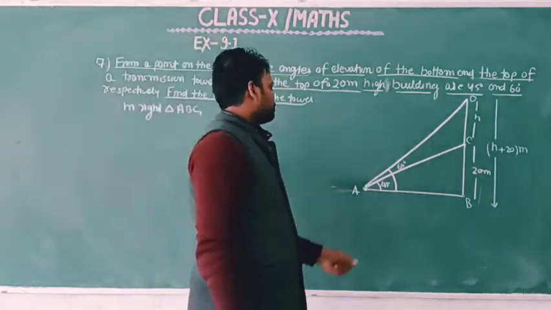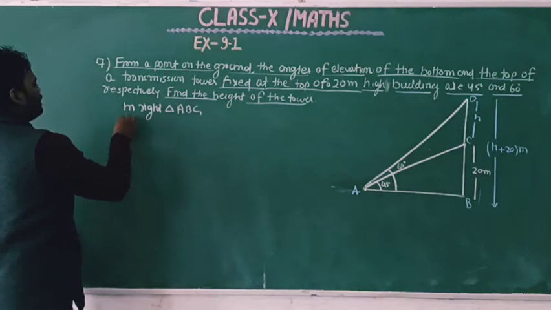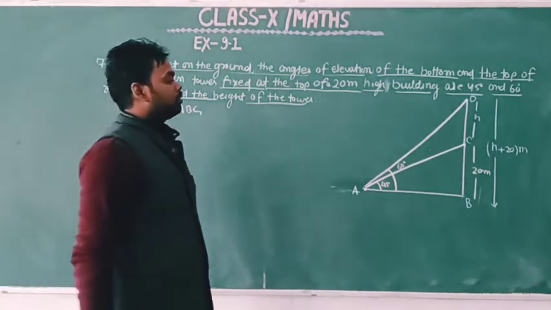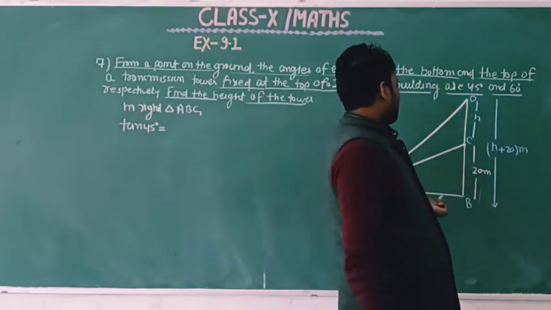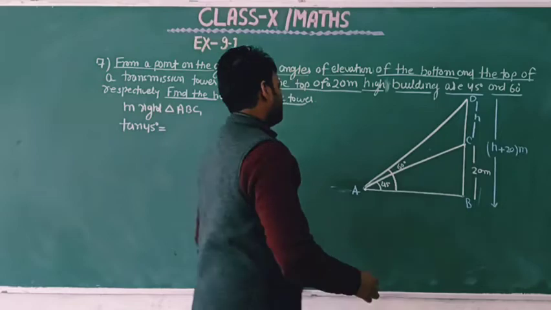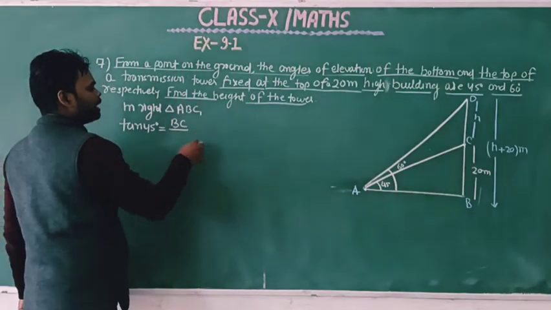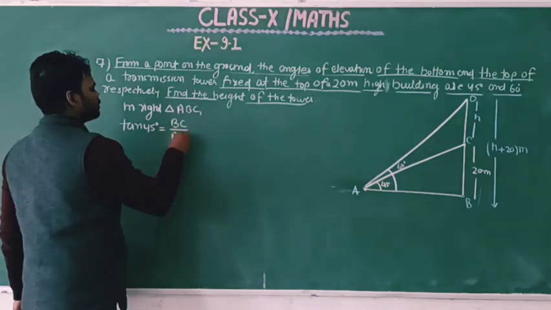Write tan 45 degree equal to perpendicular upon base. Perpendicular is BC and base is AB.